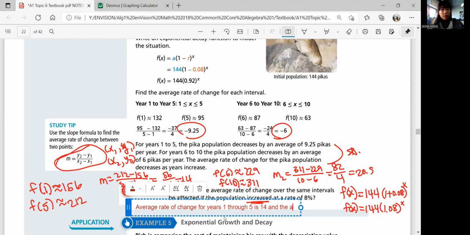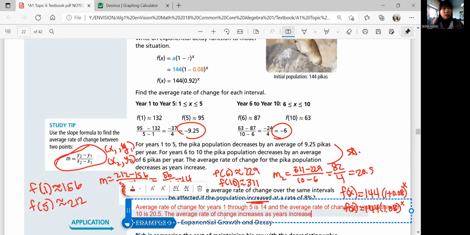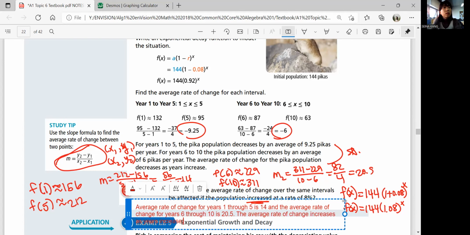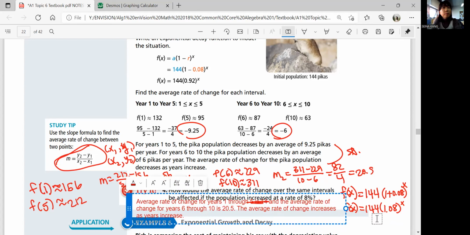And the average rate of change for years 6 through 10 is 20.5. So what can you say? The average rate of change increases as years increase.